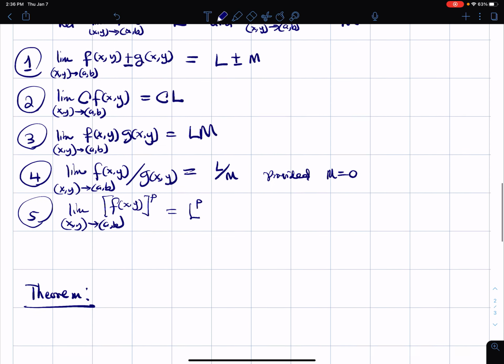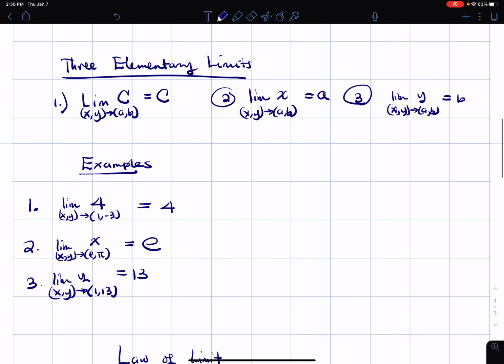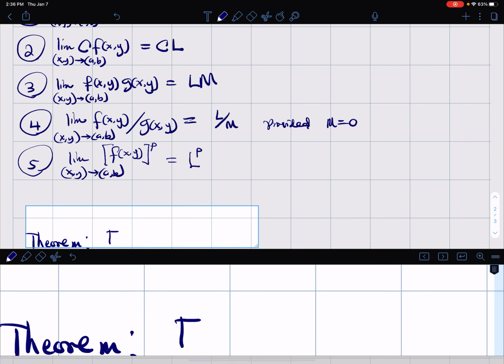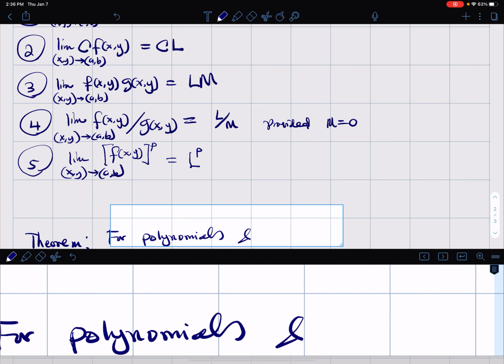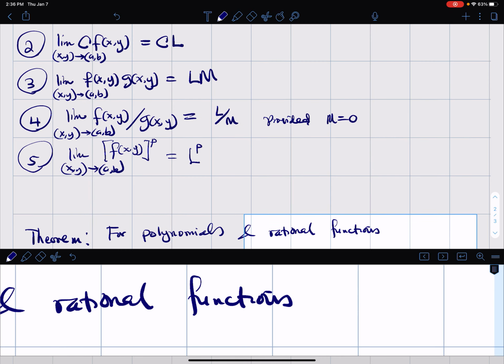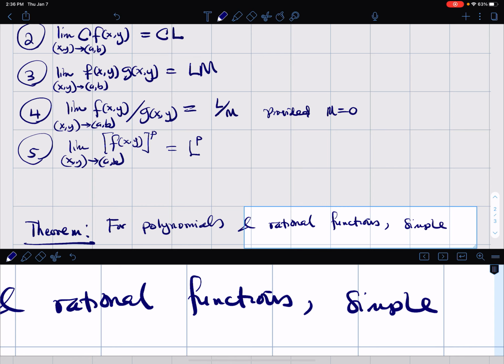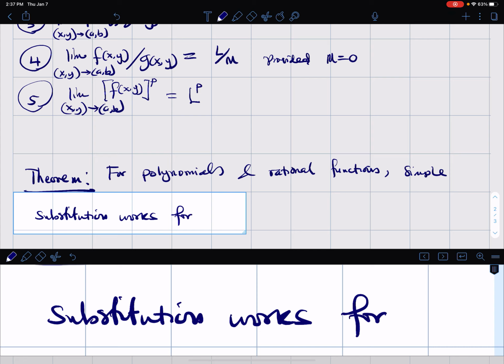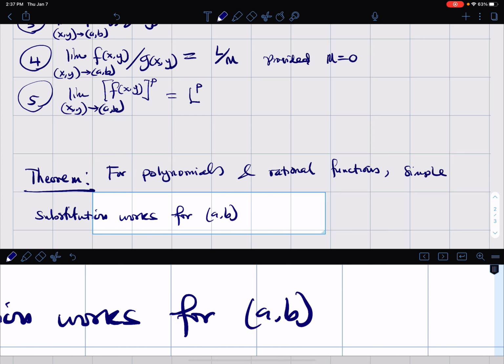But what this result is going to boil down to is that for polynomials and rational functions, simple substitution works for (a, b) in the domain of the function.